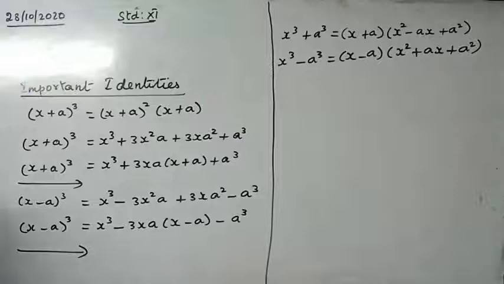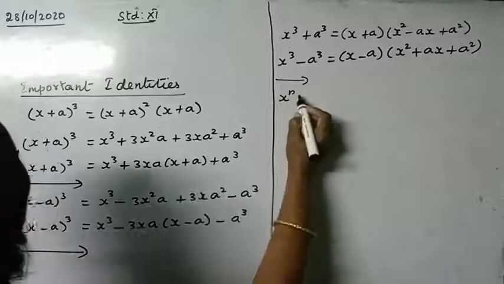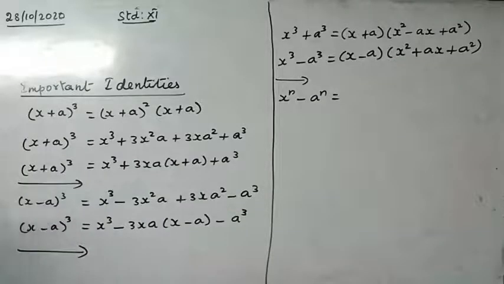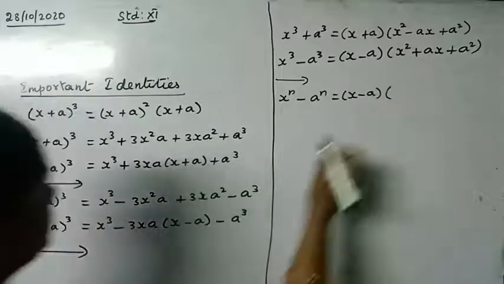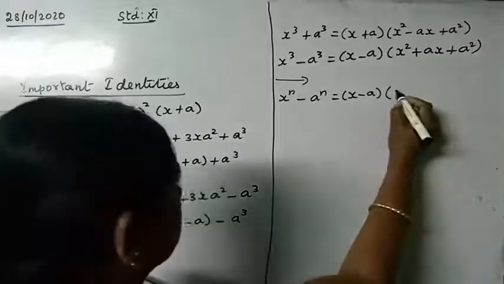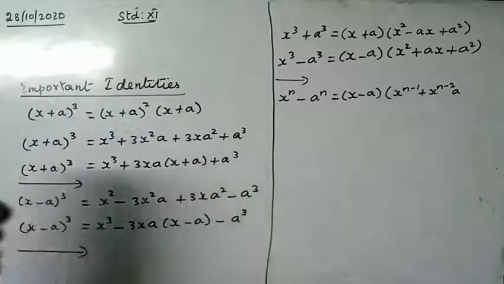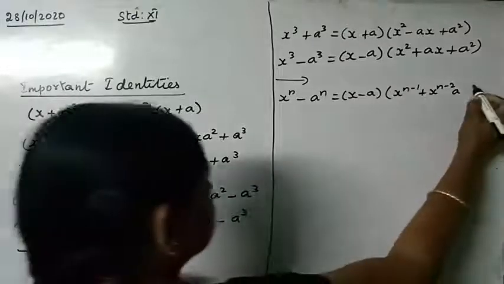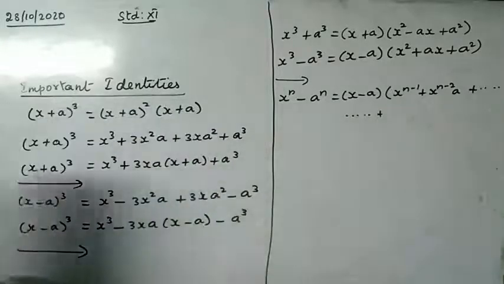If it is x power n minus a power n, this can be written like this. At first take x minus a as a common factor, then the remaining expression will be x power n minus 1 plus x power n minus 2 into a. See, x is reducing, a is increasing, and plus, and so on, and this pattern is continuing.